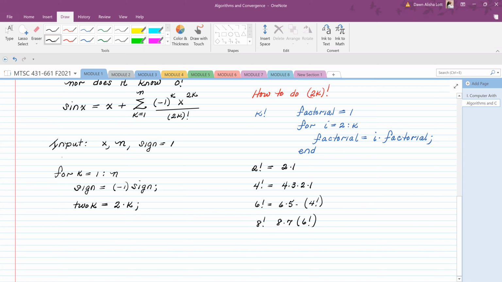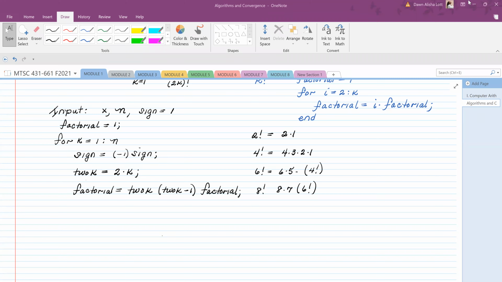And I need to let factorial equal 1. So in order to compute the 2k factorial, 2k factorial will be 2k minus 1 times factorial.